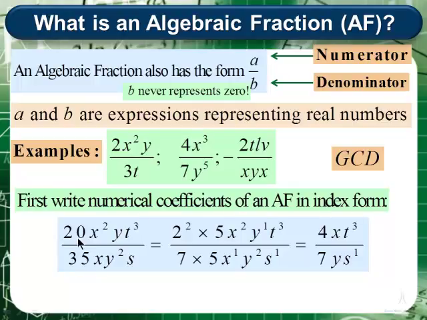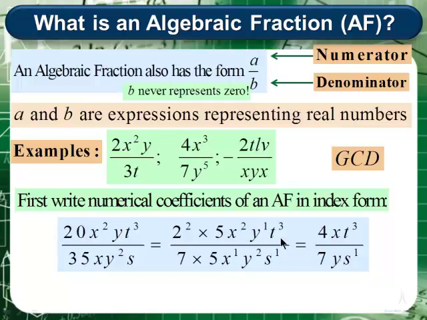In other words, prime factorized above and below, as we did here, writing 20 as 2 to the power 2 times 5 and 35 as 7 times 5. And this will give us an indication of how to simplify by cancelling above and below to find the final simplified numerical coefficient of this particular algebraic fraction, 4 over 7.